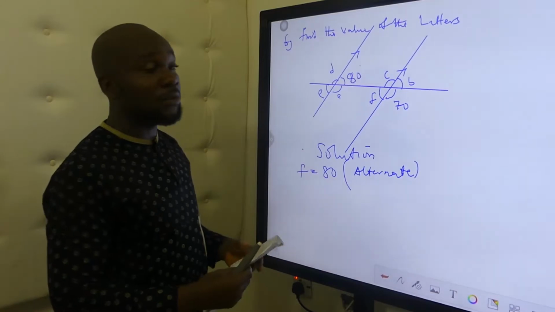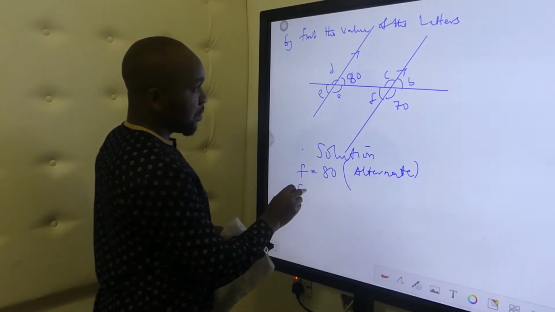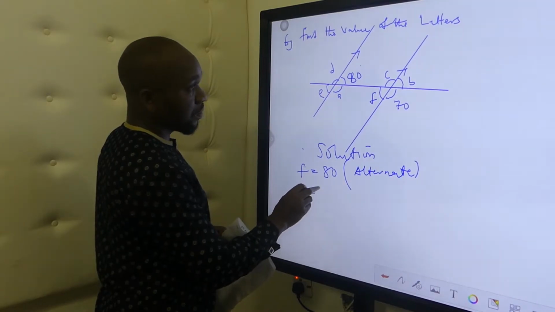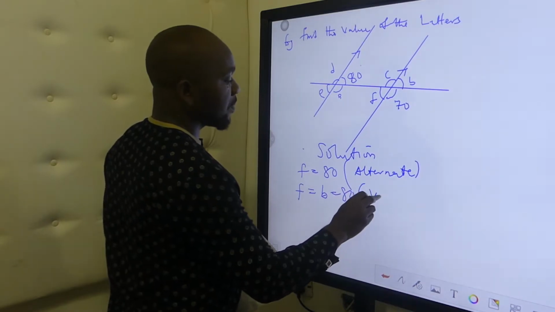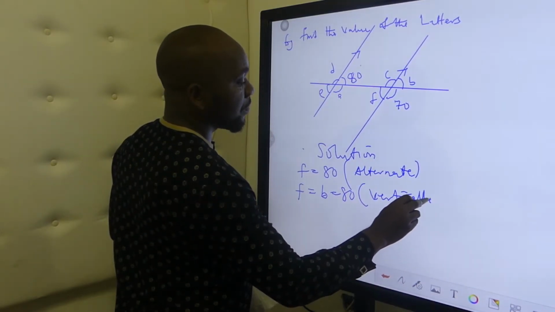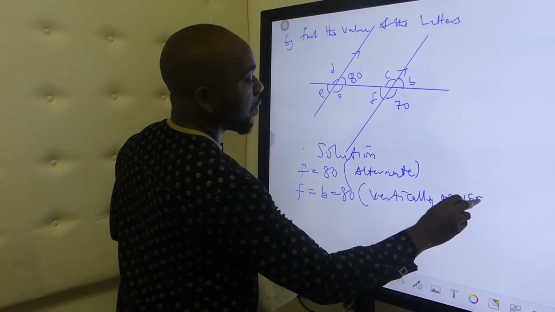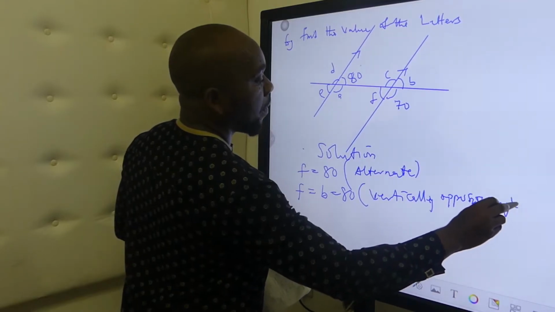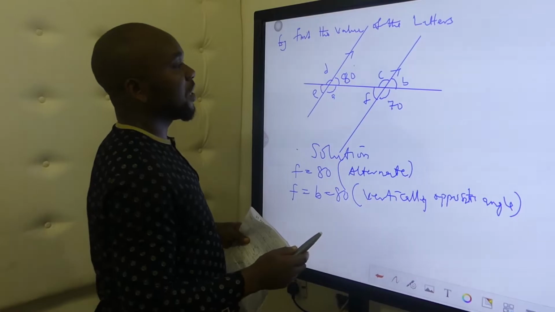Vertically opposite angles are equal. So F is equal to B, which is equal to 80. They are vertically opposite angles.